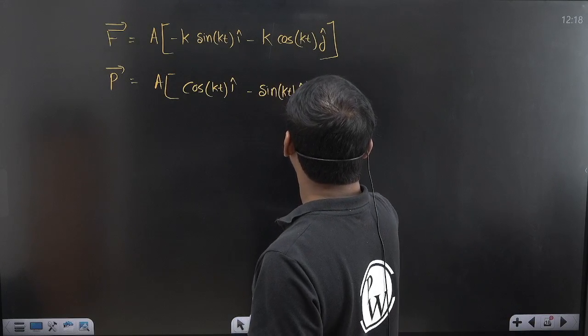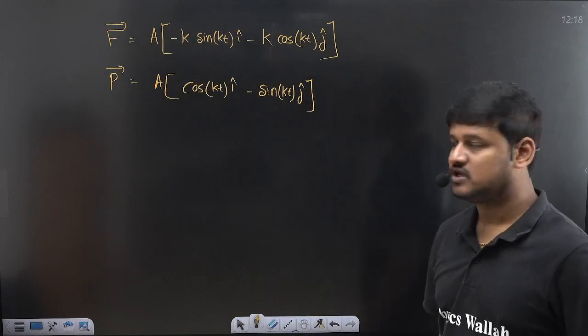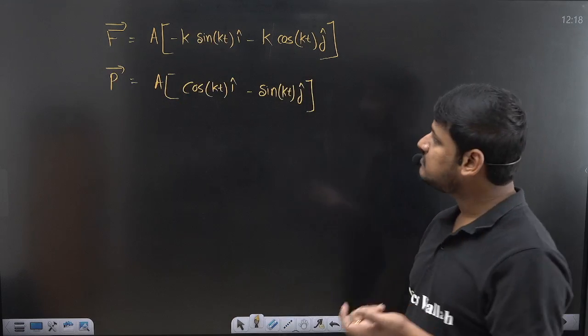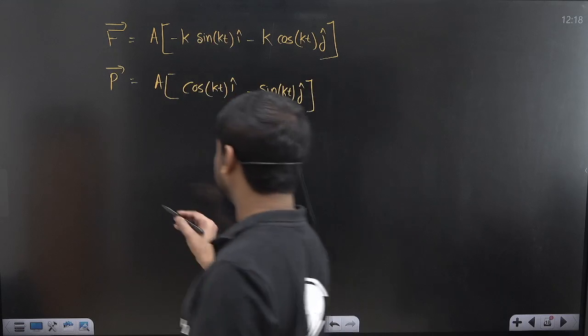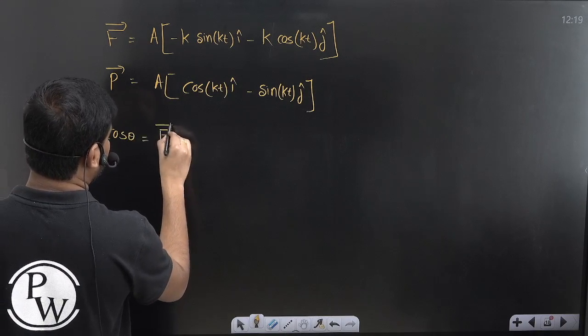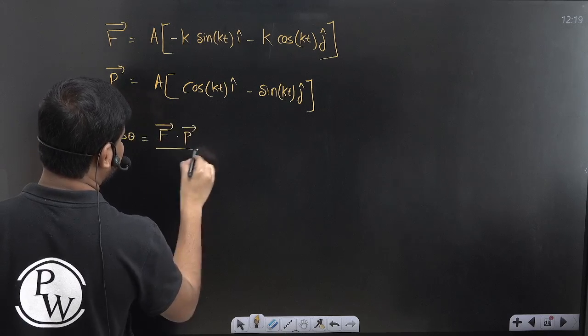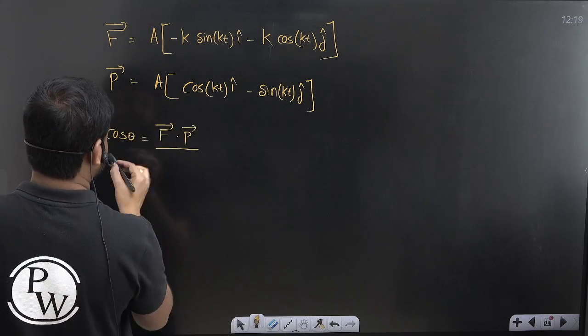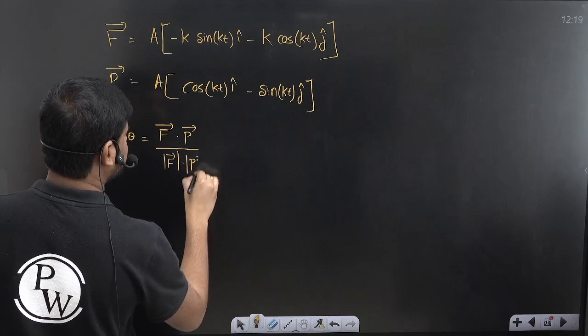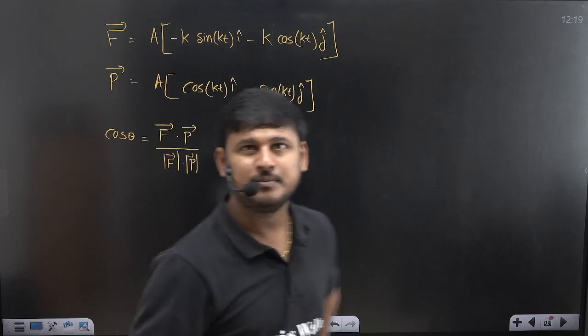So now we have simply two vectors: the force vector and the momentum vector. Now we have to find the angle between force and momentum. So cos theta is going to be F dot P by magnitude of F into magnitude of P.